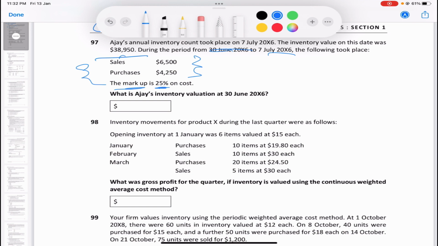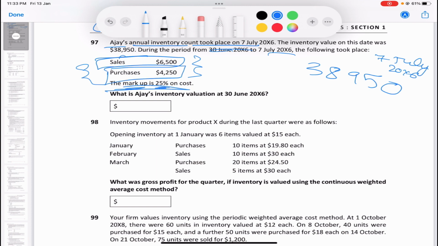Okay. So Ajay's annual inventory count took place and the inventory value was 38,950 on 7 July 2006. So we have sales with us, we have purchases with us, and this is the markup on cost.